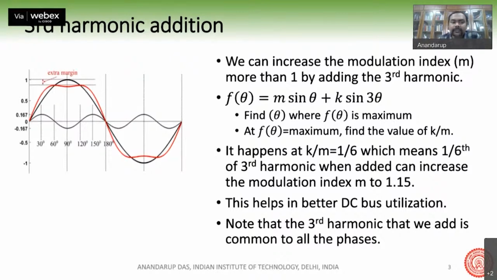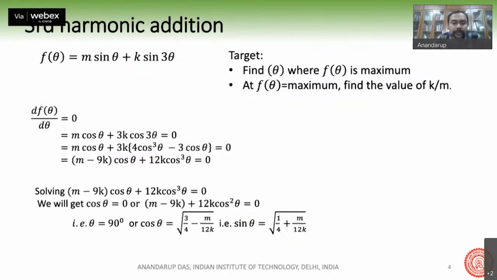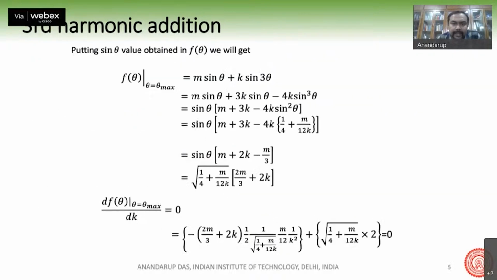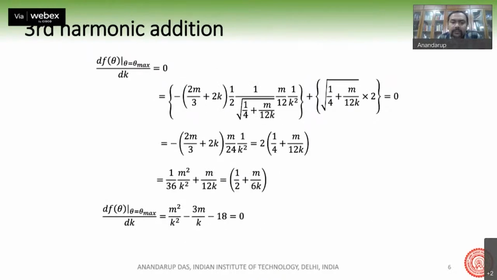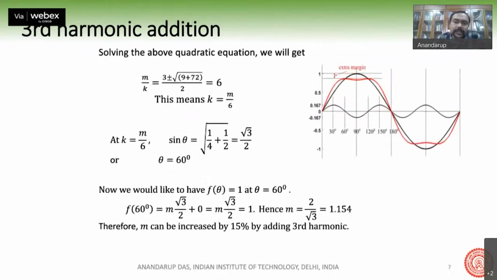This extra margin is about 15%, which is in fact shown by the mathematics here. With this addition of the third harmonic, which is 1/6 of the fundamental, we can get about 15% more DC bus utilization, because the fundamental can increase by 15% more.